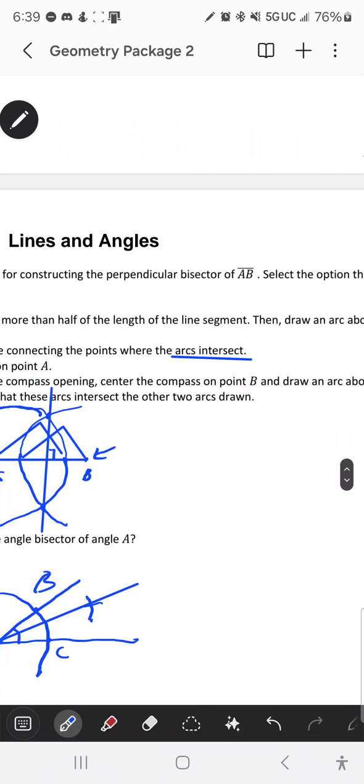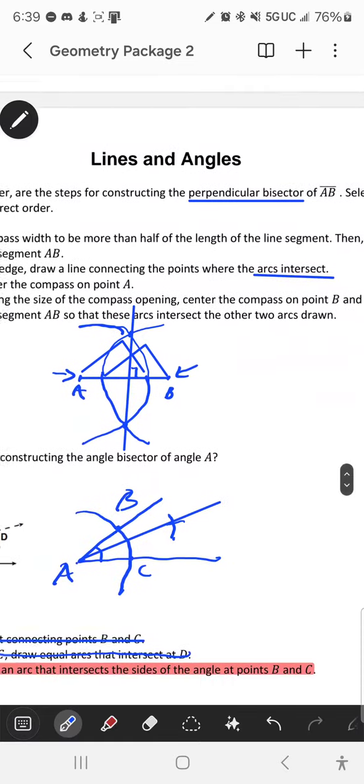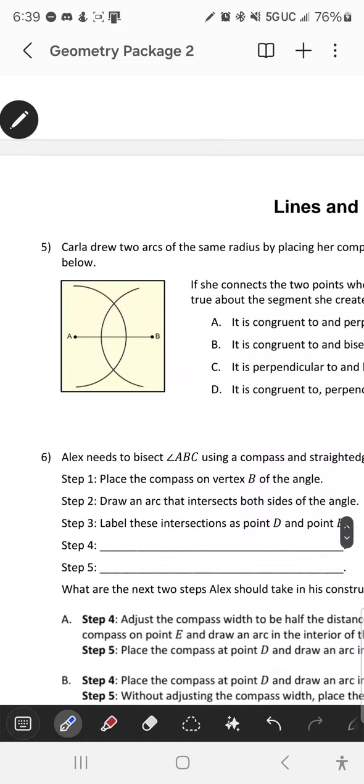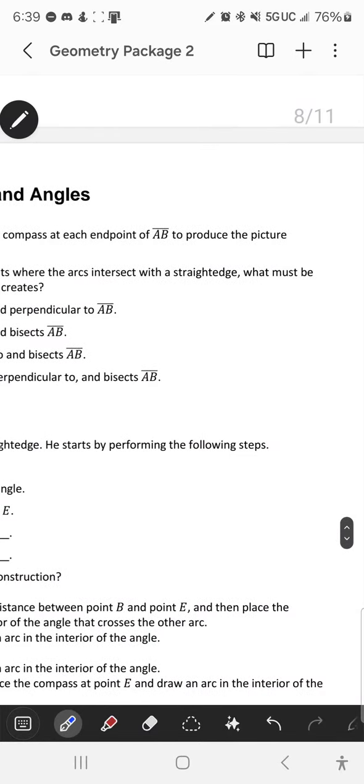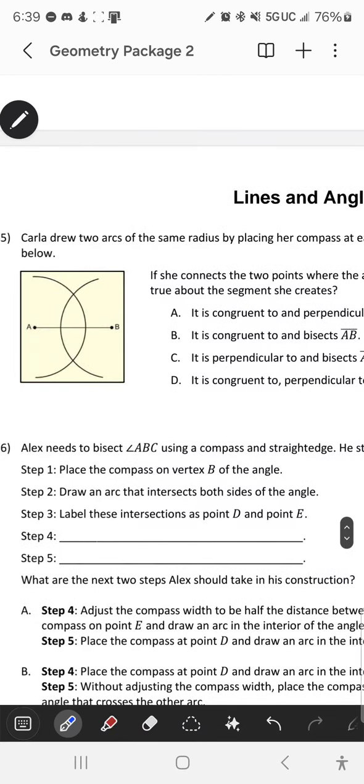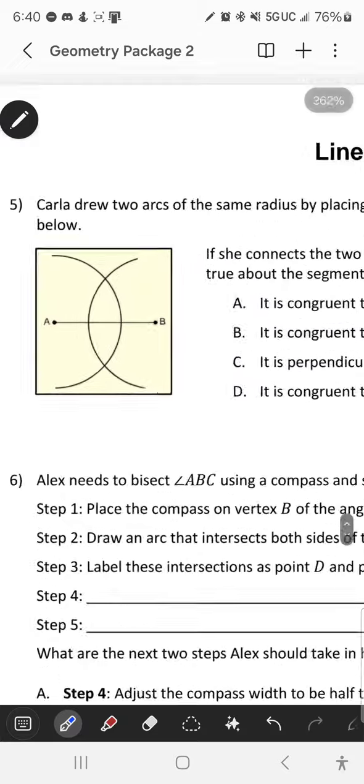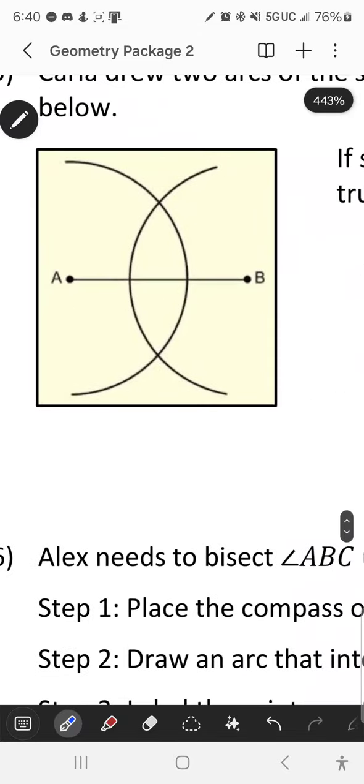Without even reading the question, in my mind this is a perpendicular bisector, perpendicular bisector. But let's continue. If she connects the 2 points where the arcs intersect with a straight edge, what must be true about the segments she creates?